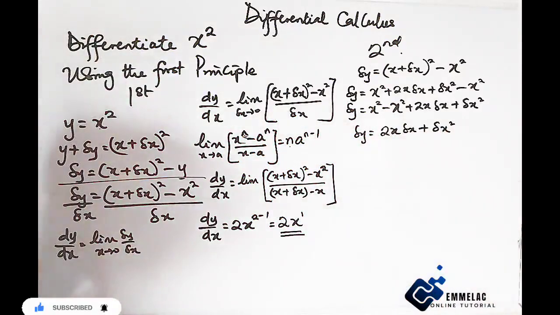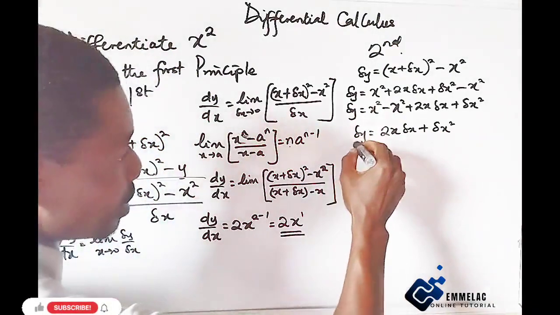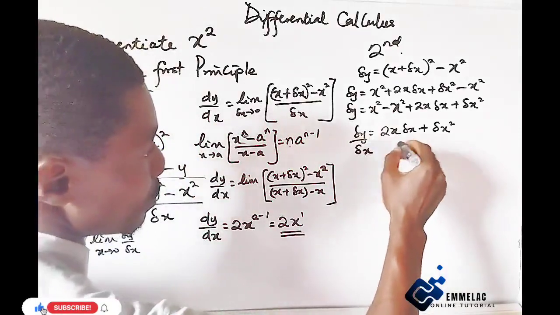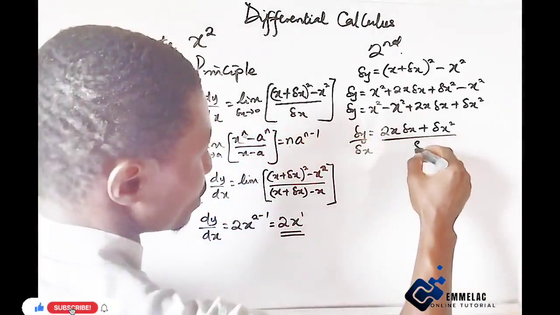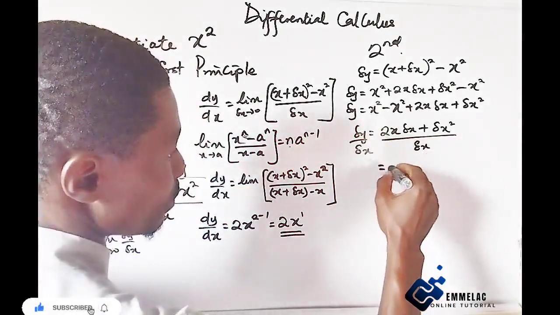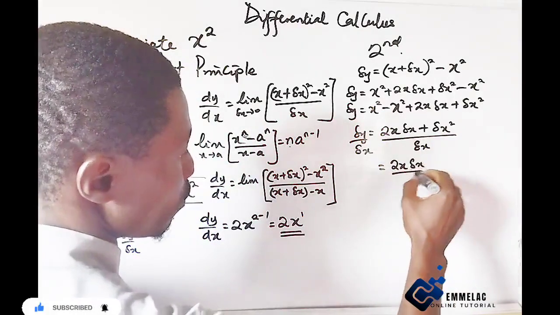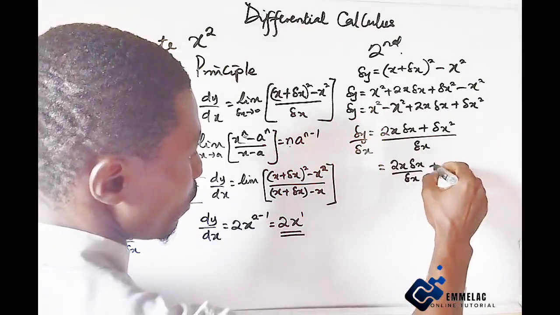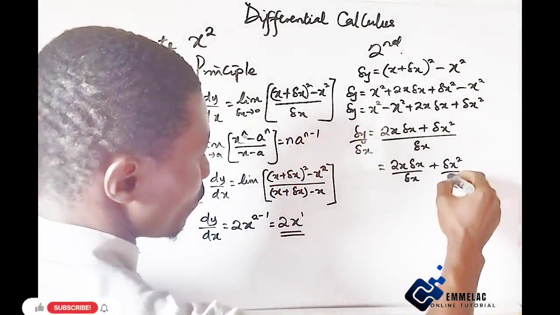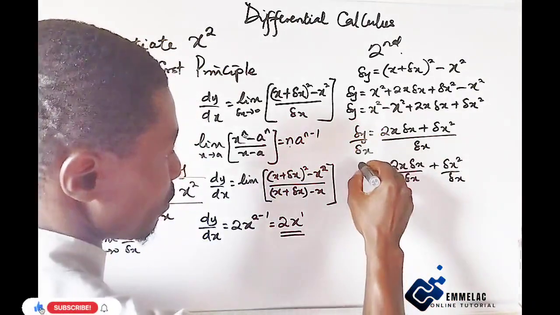Now divide both sides by dx, change in x. So at this point we have 2x change in x all over dx plus change in x squared all over dx.